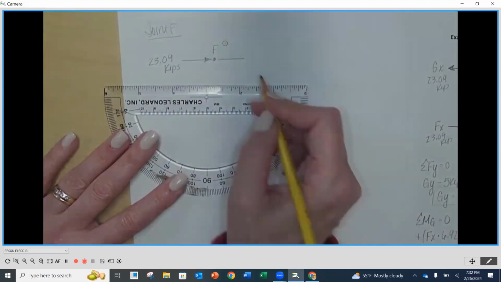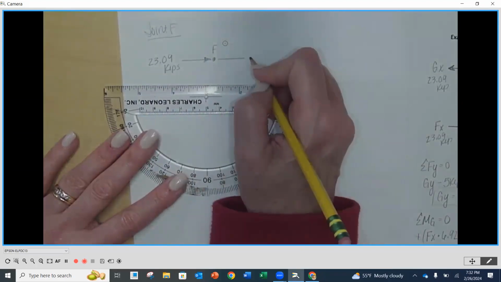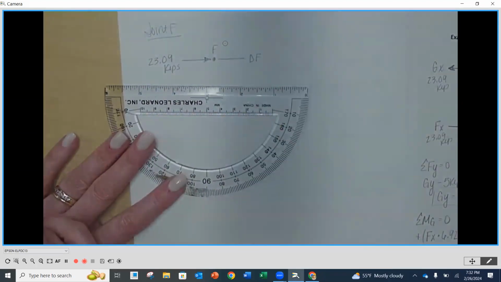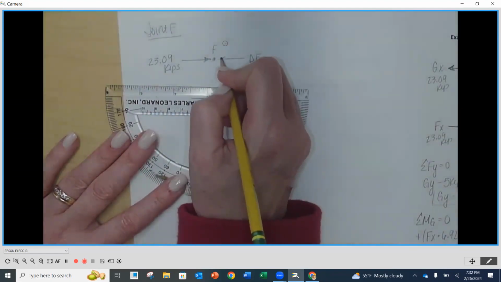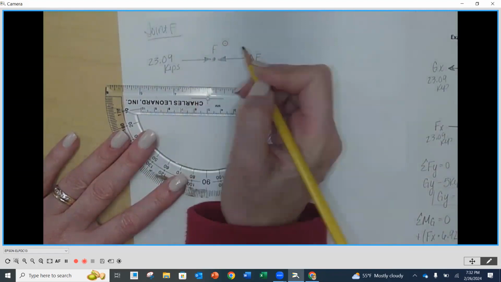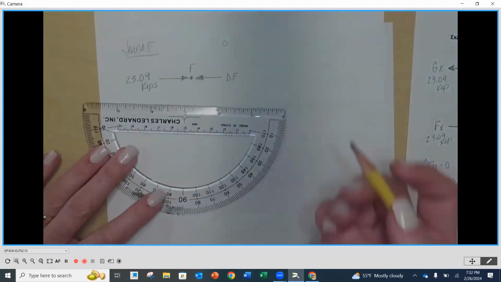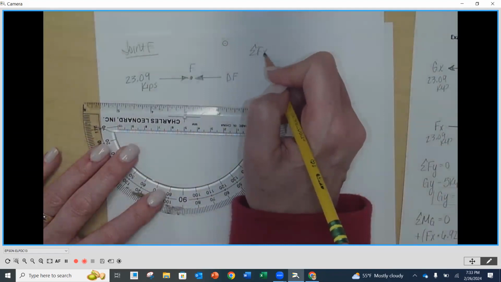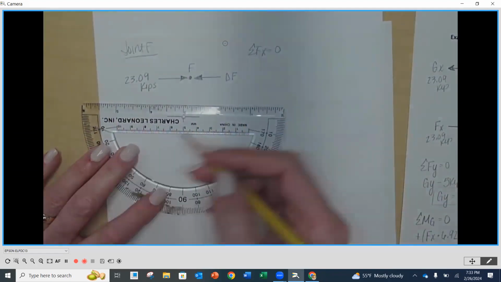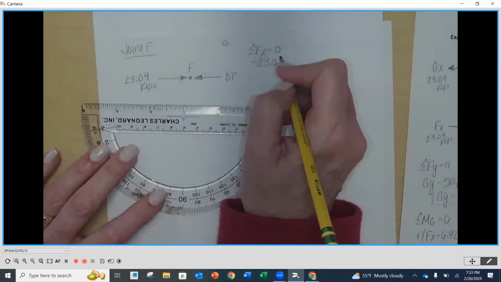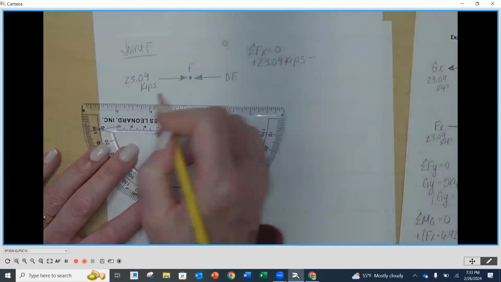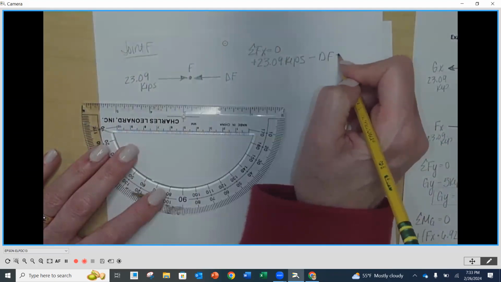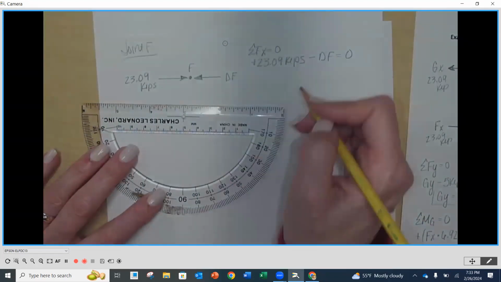Okay. This is F. And then on the other side, this is what's going to connect F to D. And this is a member, and it's going to have to go to the left. So we can see that if we sum our forces in the X direction equal to 0, we've got a positive 23 going to the right, a minus DF is equal to 0.